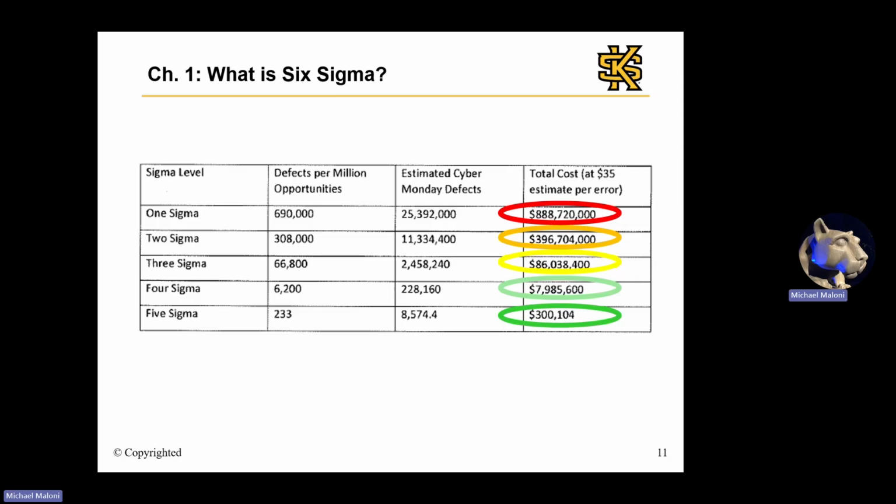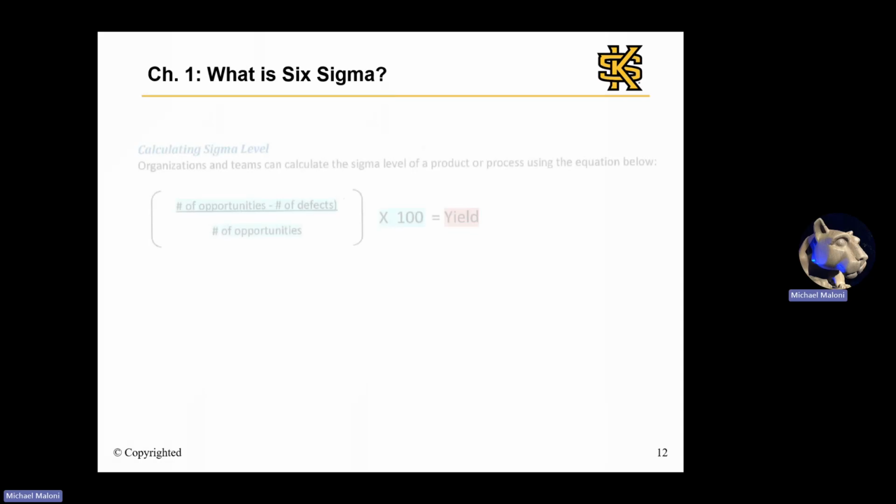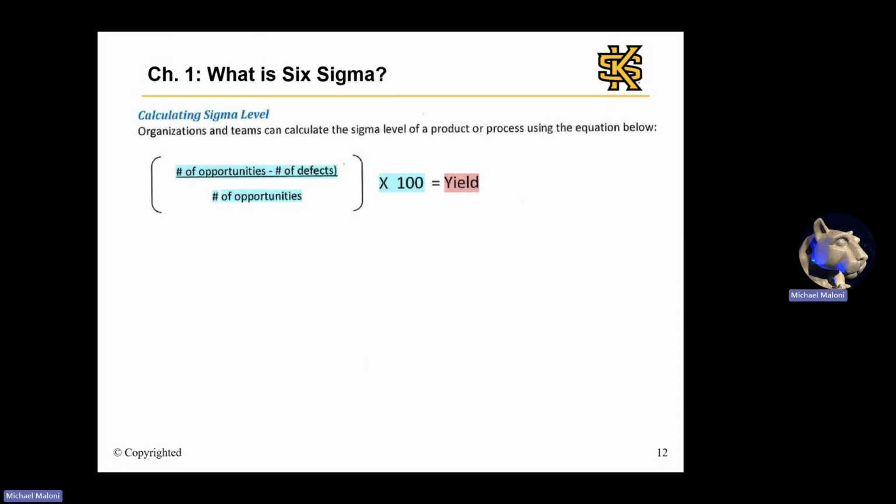So even if we can't get a process to a full 6 sigma level of quality, any improvements can greatly benefit the organization. We can determine the sigma, the quality level of a process, by calculating the process yield. The yield is the percentage of good outputs.